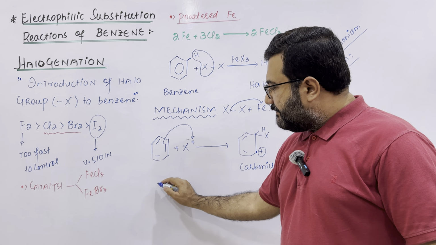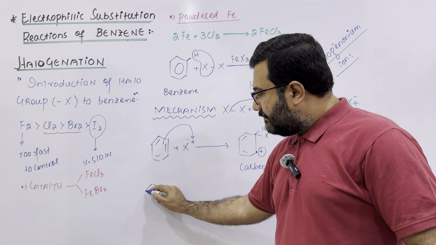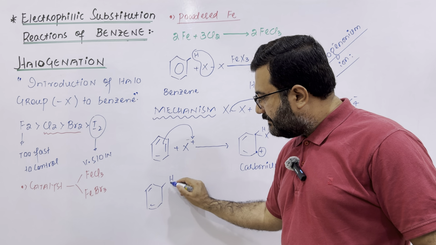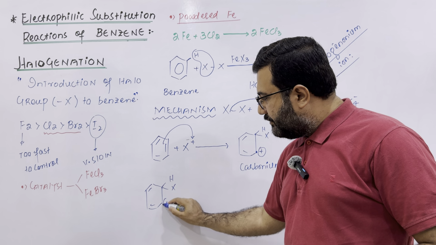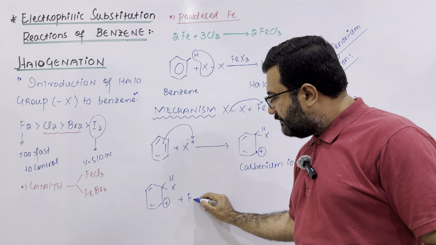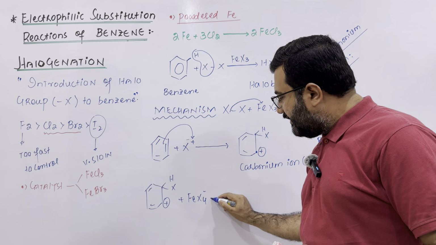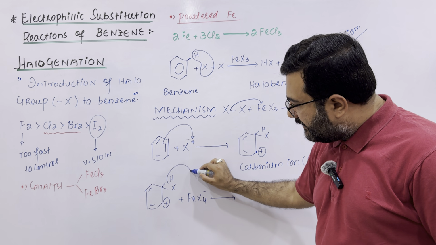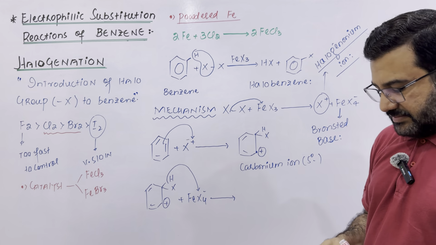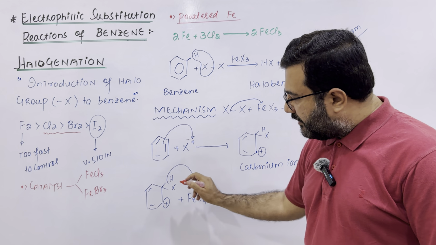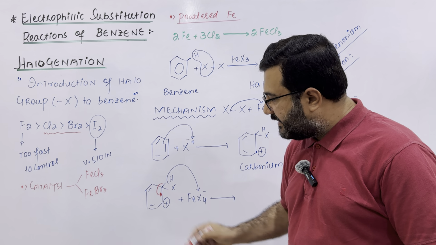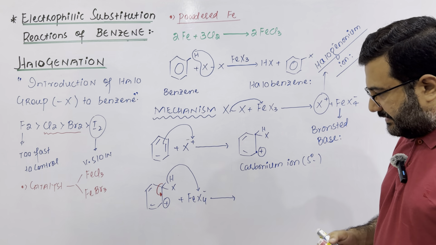And in the last step, my dear students, the base produced in the first step, that was FeX4 negative, will now take the hydrogen of the benzene, and the bond that was between carbon and hydrogen will be shifted inside the ring between two carbon atoms.